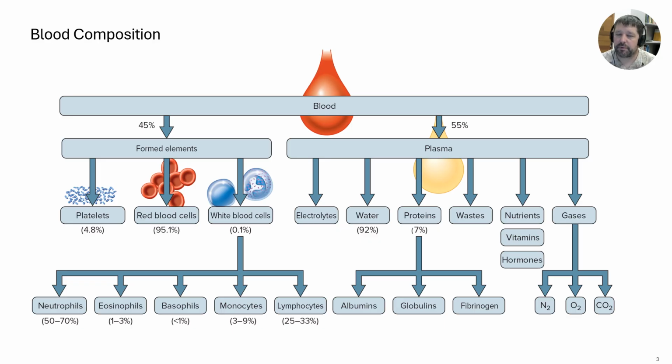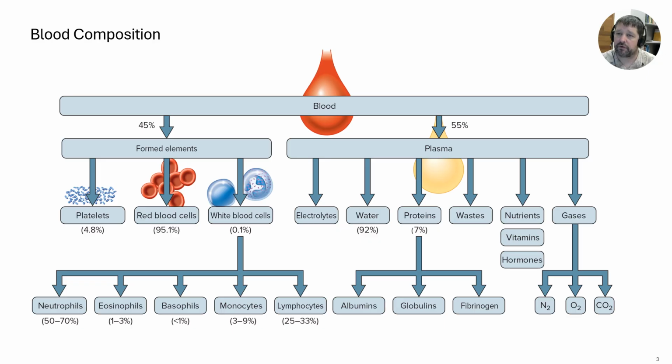Okay? Jumping back to the plasma, that 55% of blood, most of it's water. Okay, you have the electrolytes: sodium, potassium, calcium, things like that. You have some proteins: albumins, globulins, fibrinogens. We'll come back and talk about the purpose of these. You've got some waste products normally associated with the breaking down of biomolecules like lipids, proteins, nucleic acids, carbohydrates.